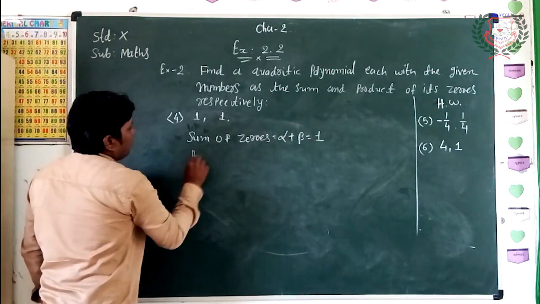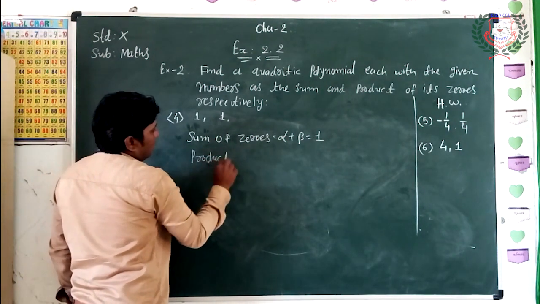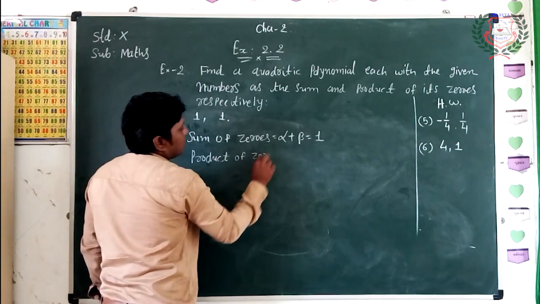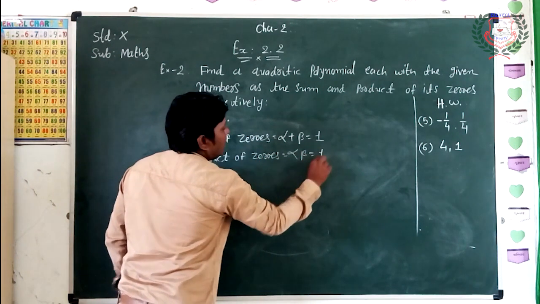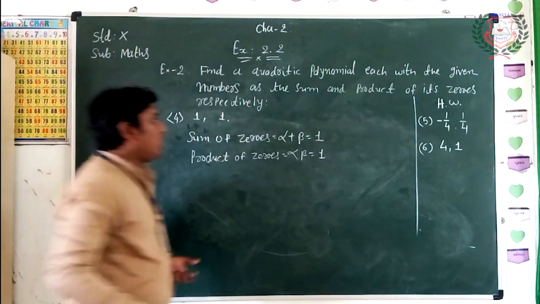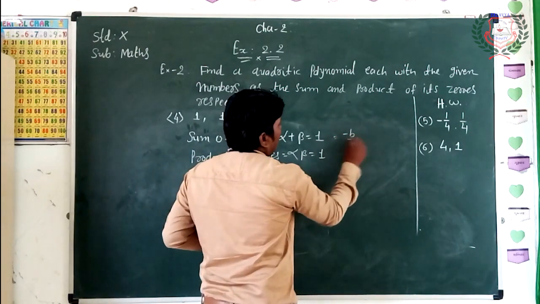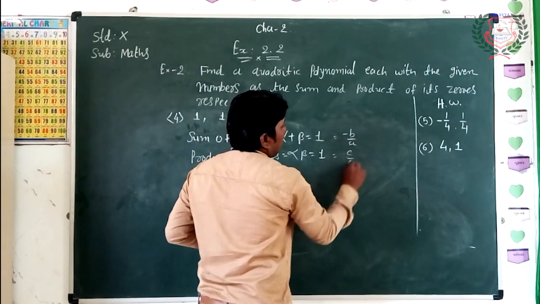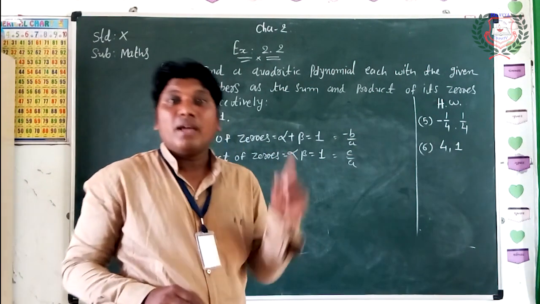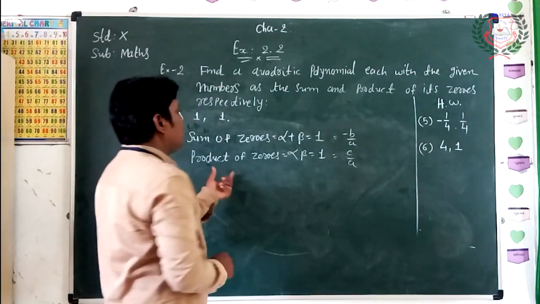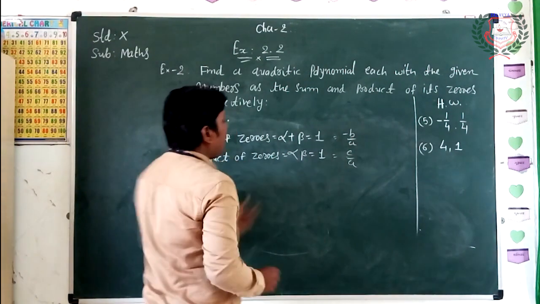And the product of zeros is also given, alpha into beta is 1. The formula is there, you know, minus b upon a and c upon a. From that you have to take out the values of a, b and c. So compare it.